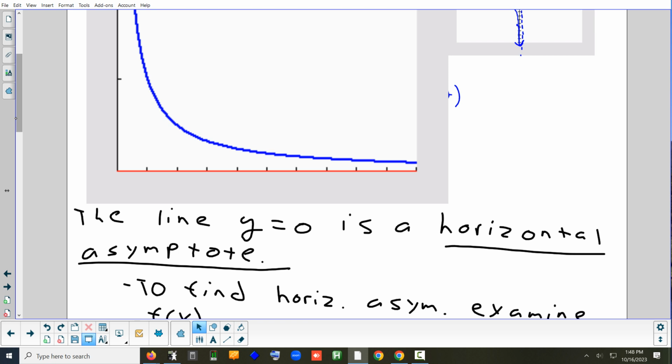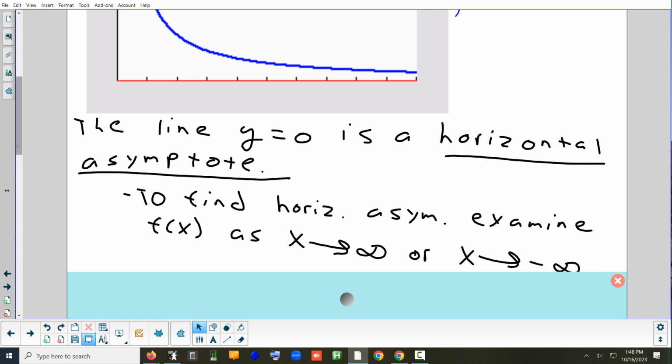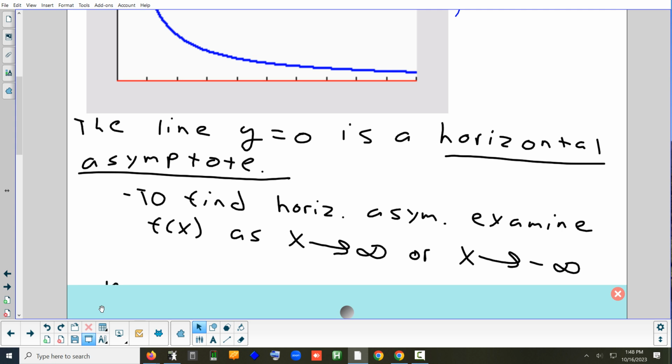In this case, it's 0. So to find the horizontal asymptote, look at what happens as you keep going further to the right, or further to the left. For the kind of examples we do, it's usually the same number, no matter which way you head.